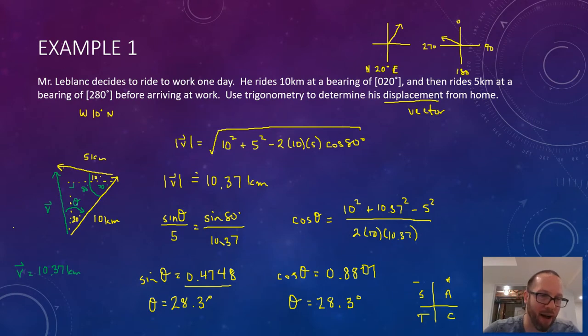The entire angle is 28.3 degrees. 20 degrees of that is to the right of north, which means 8.3 degrees is to the left of north. What bearing is that? That's 8.3 less than 360. We'll go to the nearest degree, so 8 less than 360 is 352. It's at a bearing of 352 degrees.